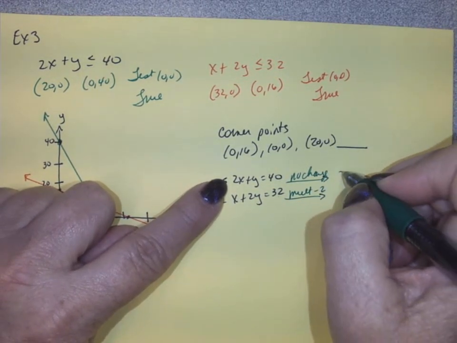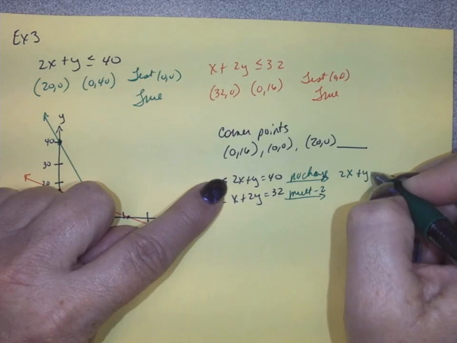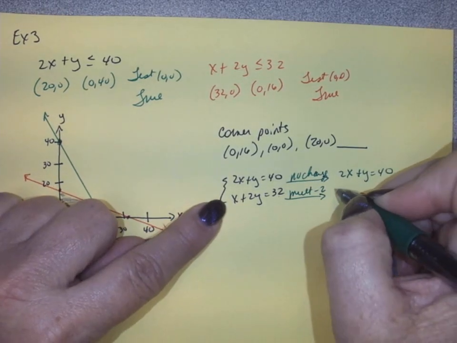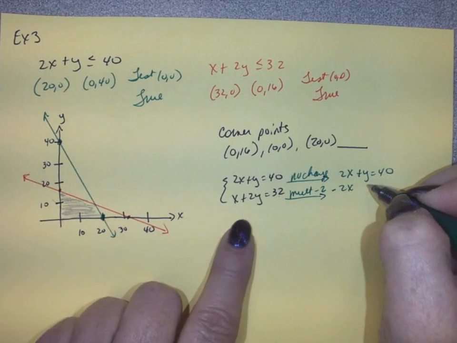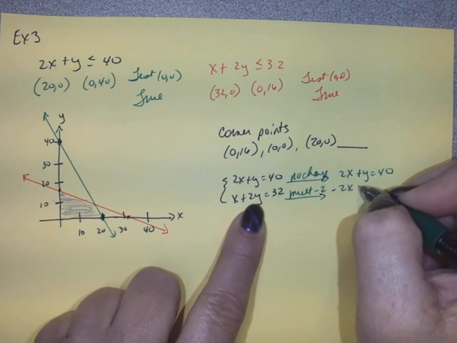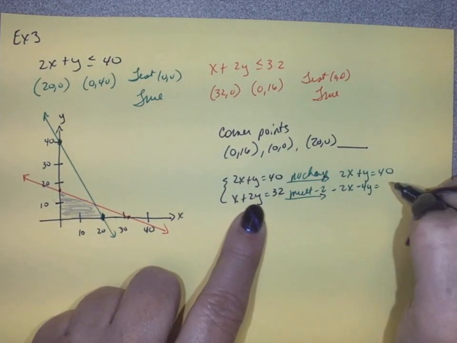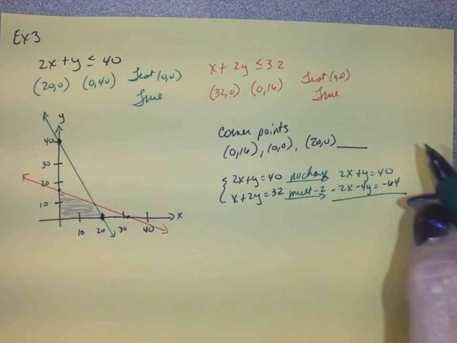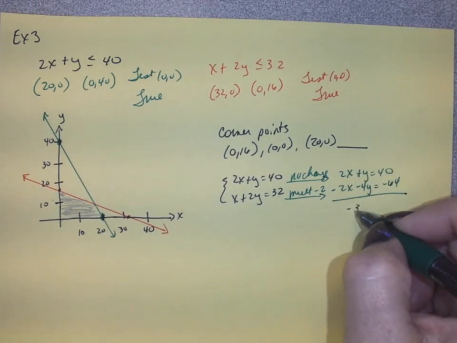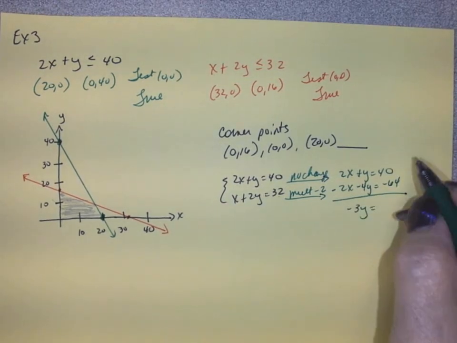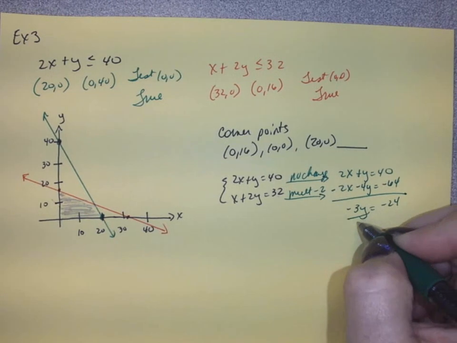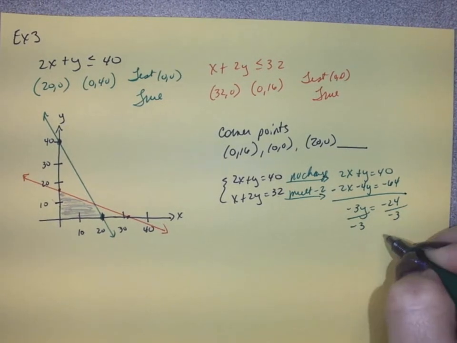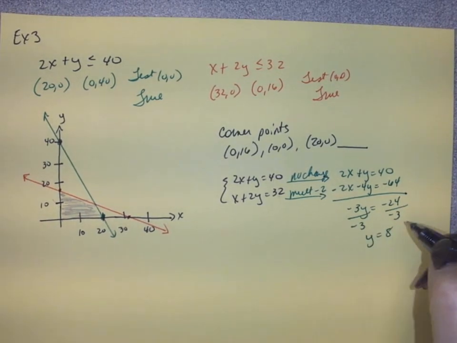All right, so this will leave us with 2x plus y equals 40, and then -2x, 2y times negative 2 would be negative 4y, and negative 2 times 32 would get us negative 64. The x's cancel. We're left with negative 3y equals negative 24. Divide by negative 3, and we get y equal to 8.